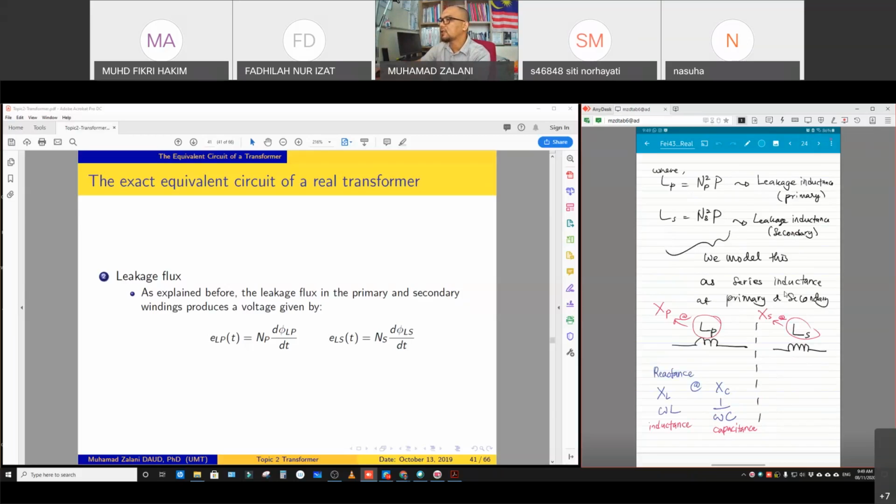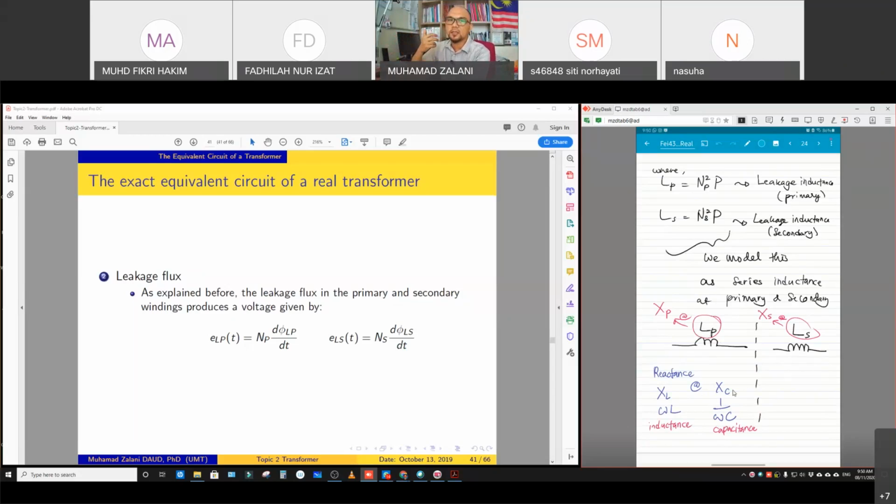So we can model this in terms of reactance. In an electric circuit, sometimes we call it impedance. Impedance represents all of the R and X, R and L. X represents either inductance or capacitance, but for a transformer there is no capacitance.